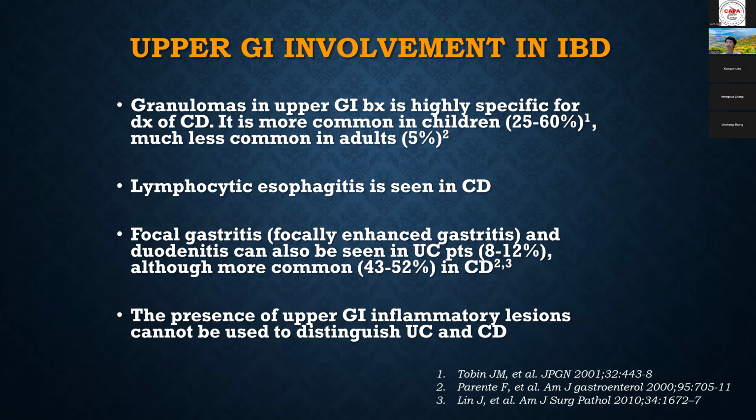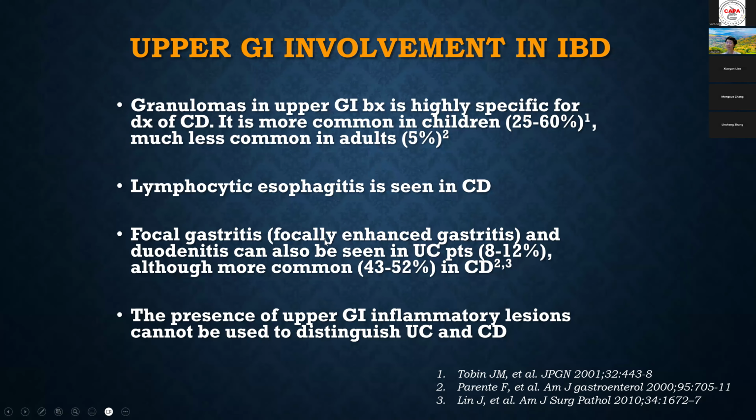Upper GI involvement in the textbook is always Crohn's disease, but it's not always true. Definitely, if you do see granulomas, that most likely means Crohn's disease, right? And lymphocytic esophagitis is most likely seen in Crohn's disease, particularly in pediatric patients.